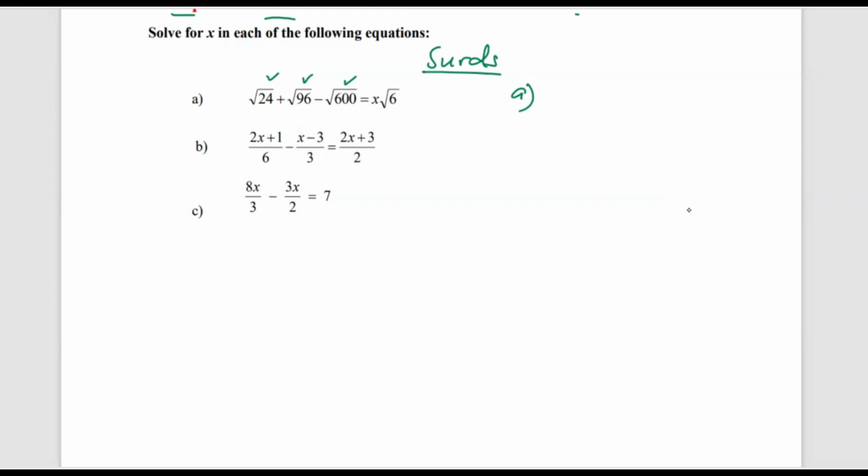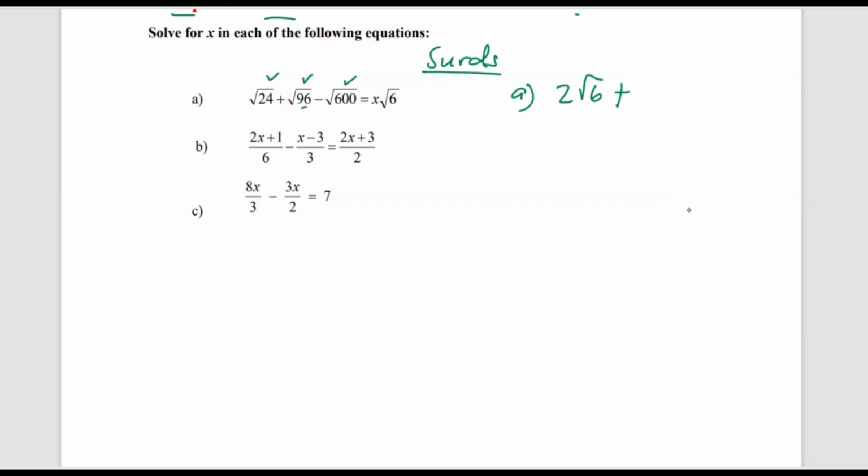So we know that the square root of 24 from a calculator should give us something like 2 root 6, if I'm not mistaken. Okay, people with calculators, we can just confirm that. Should be 2 root 6. Then plus, I can see that 96, which number can I multiply to give me 96?